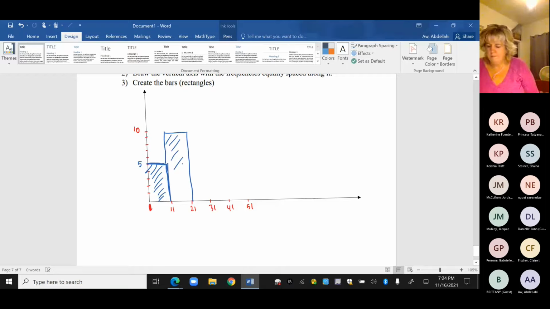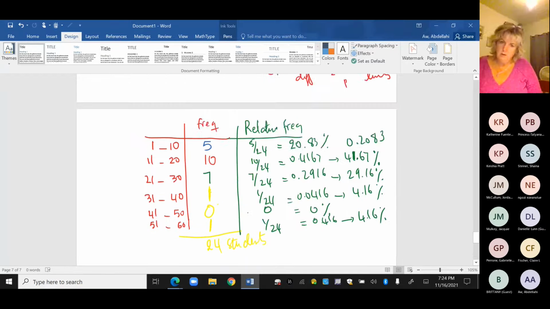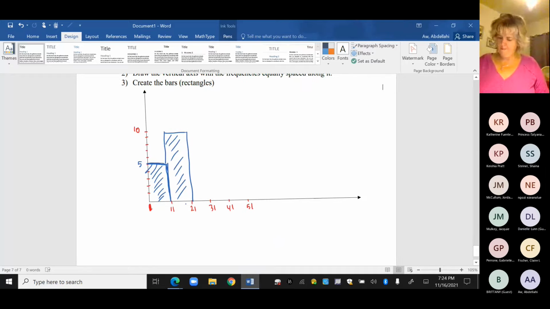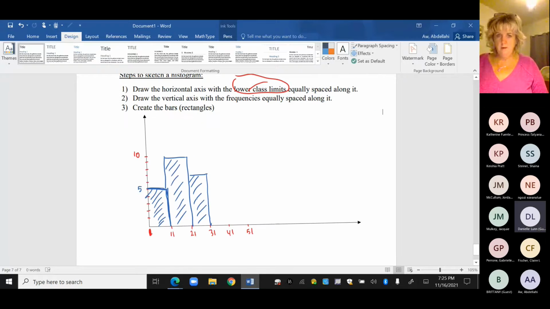That's the second one, 10. The third one is how much? 7, right? 5, 6, 7. That is the third one like this. The next one is how much? 1.